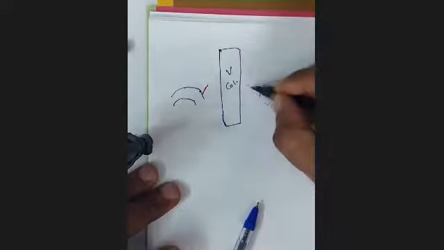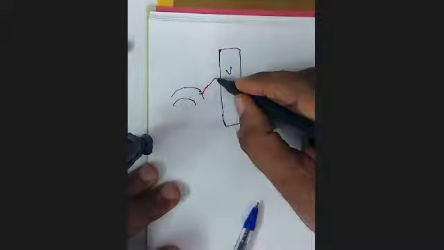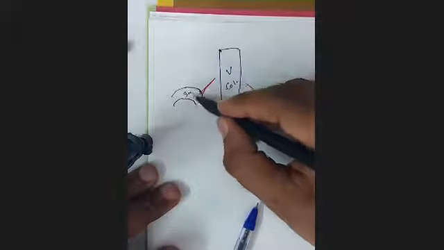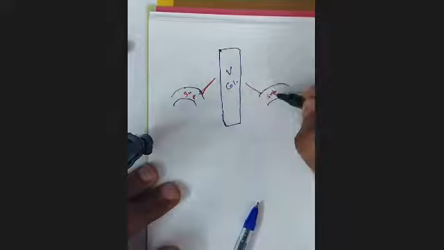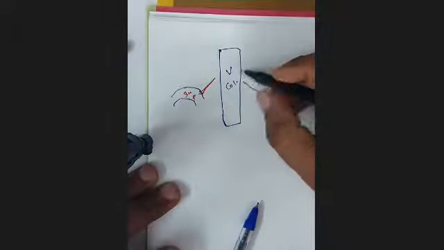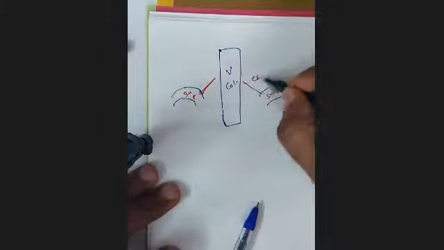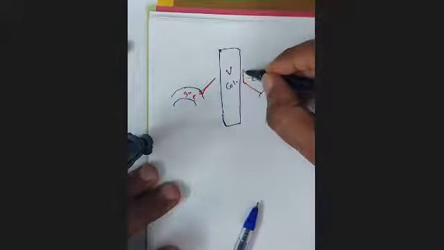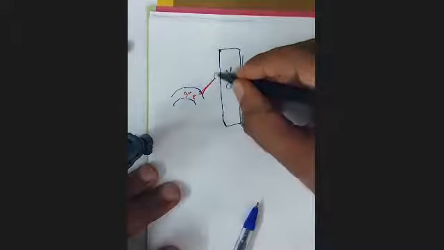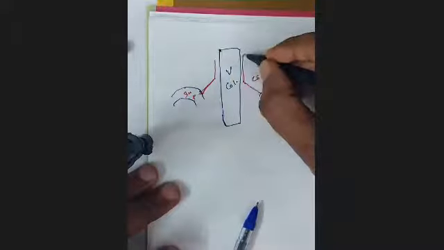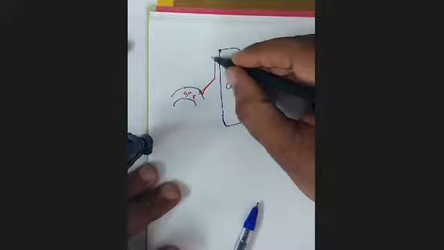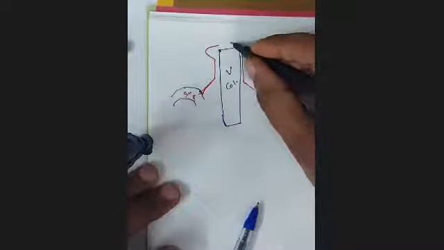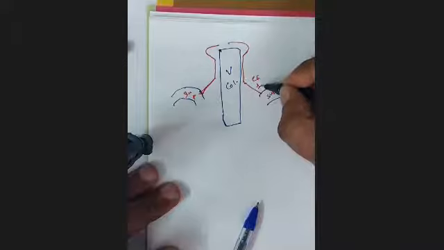So the first part runs from the subclavian artery towards the vertebral column, and at the level of C6, it enters the foramen transversarium and travels through the foramen transversarium up to C2. At C2, it goes slightly laterally and then enters the suboccipital triangle. So this is the first part.